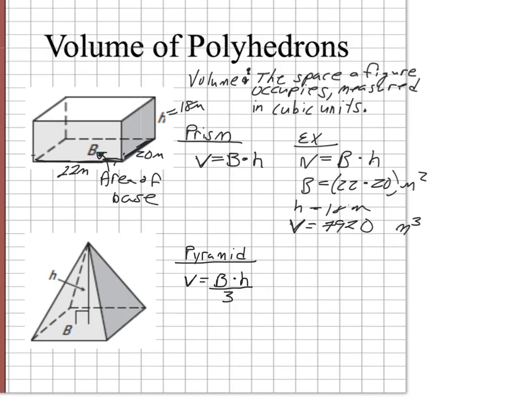So for the area of a triangle we divide by 2, and for volume we divide by 3.